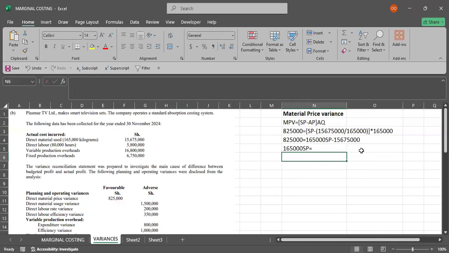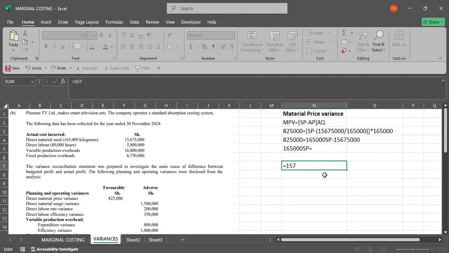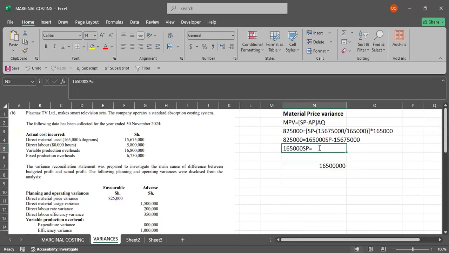So that is 15,675,000 plus 825,000, which gives us a total of 16,500,000. Great. So let's go ahead and divide both sides by 165,000 to give us standard price.